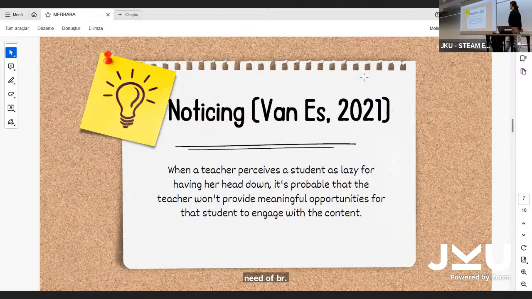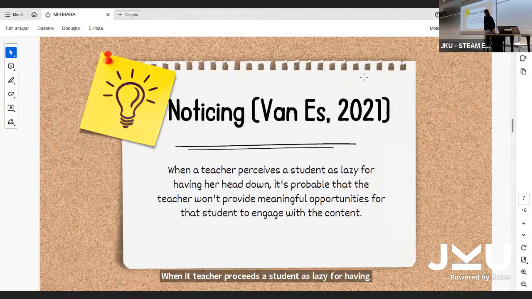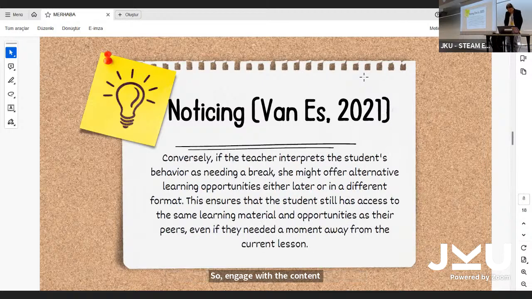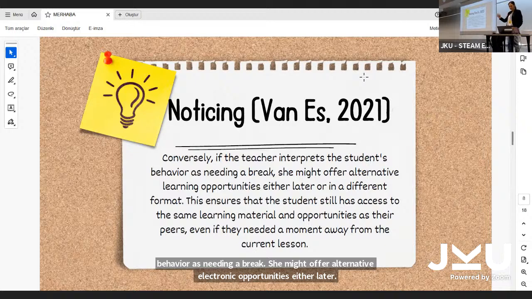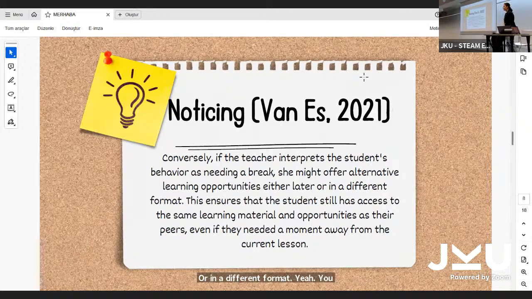When a teacher perceives a student as lazy for having her head down, it's probable that the teacher won't provide meaningful opportunities for that student to engage with the content. Conversely, if the teacher interprets the student's behavior as needing a break, she might offer alternative learning opportunities either later or in a different format. You get the point, I think. I don't need to read all these again.